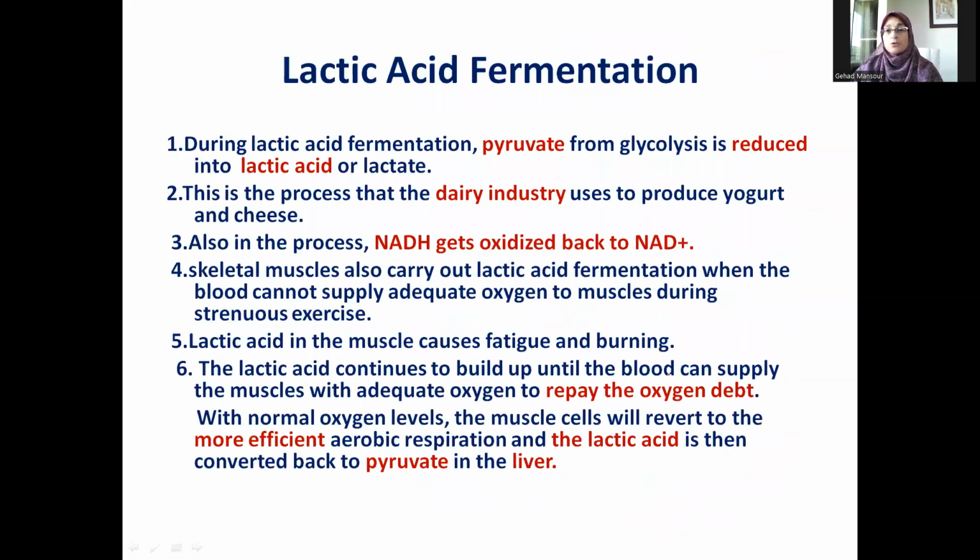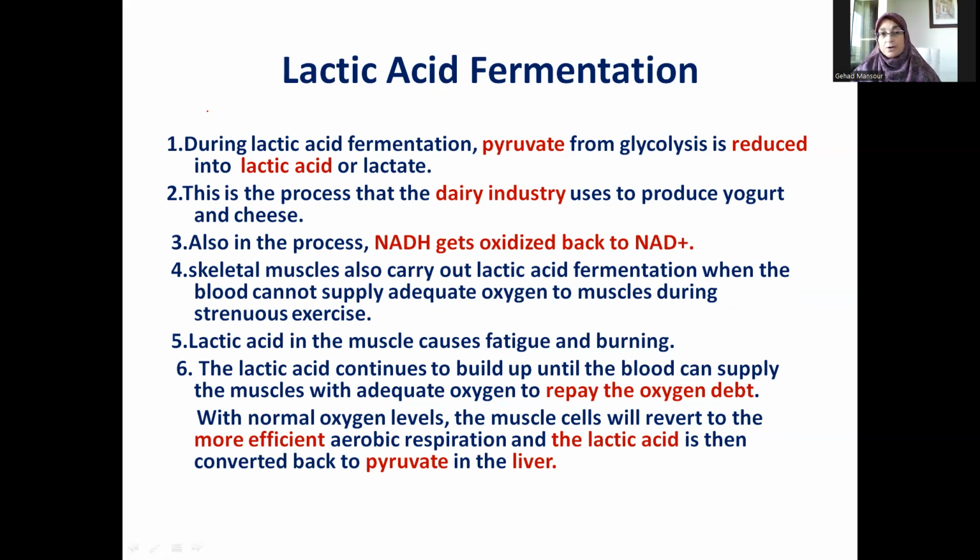And the last thing to talk about is the oxygen debt. When you exercise heavily and you respire anaerobically, you produce lactic acid, and that lactic acid continues to build up in the blood.